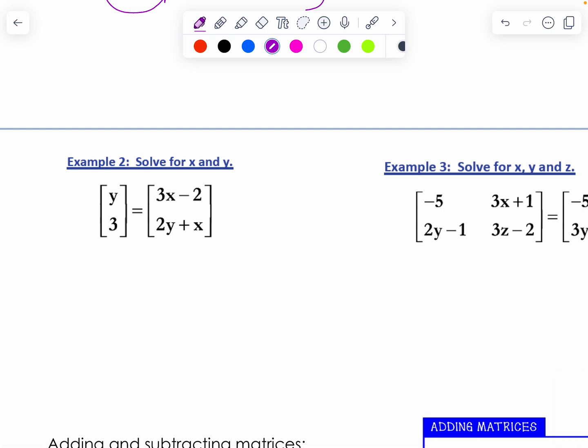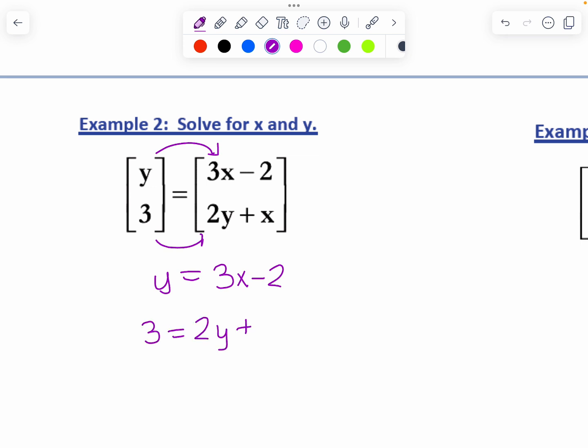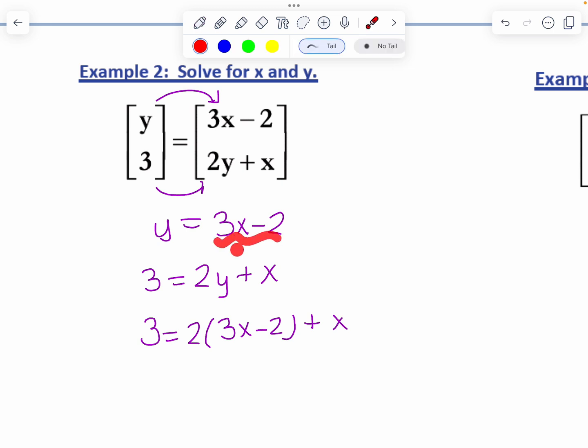For instance, this next one, I would do y equals 3x minus 2, and 3 equals 2y plus x. Now it looks like I have 2 equations and 2 variables. This one looks like it's set up very nicely for substitution. So let's substitute in for y: 2 times 3x minus 2 plus an x.